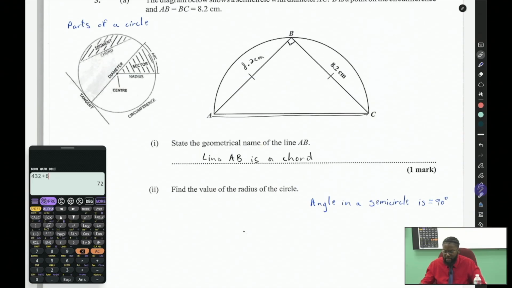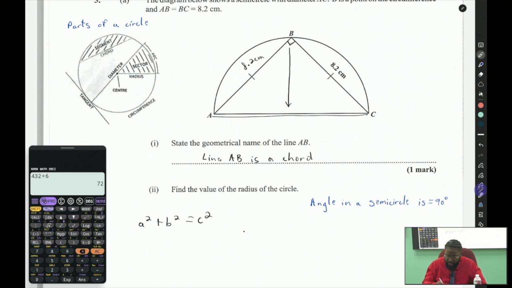So since it's a right-angled triangle, we could use Pythagoras' theorem, which states that a squared plus b squared is equal to c squared. So we need to identify our a, b, and c. So the longer side is always pointed from the right angle.